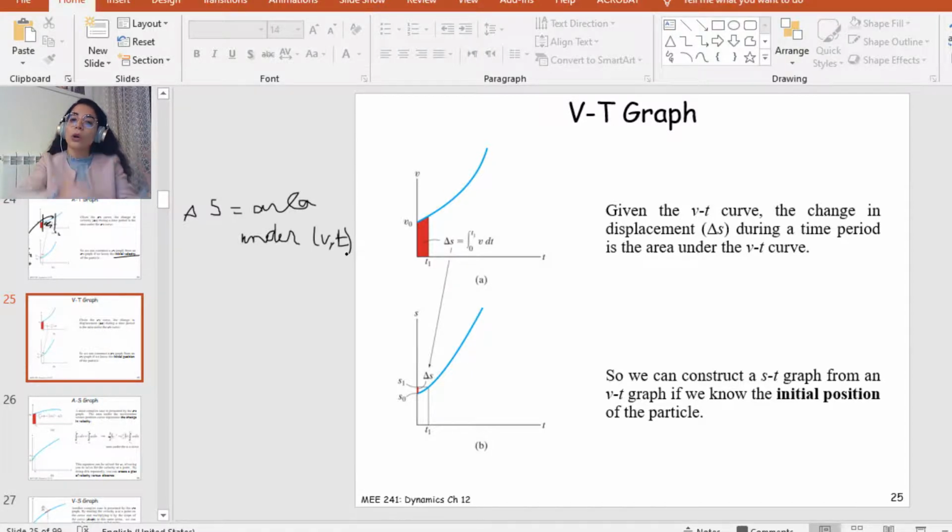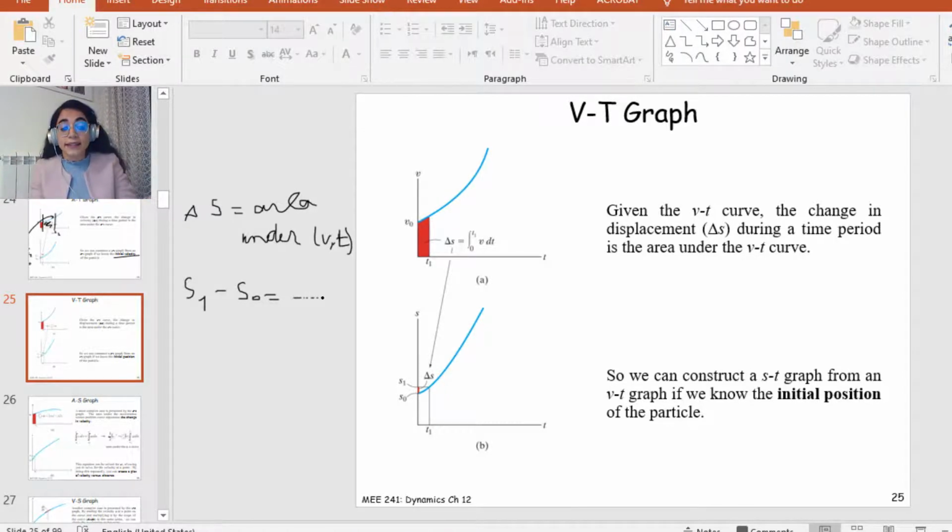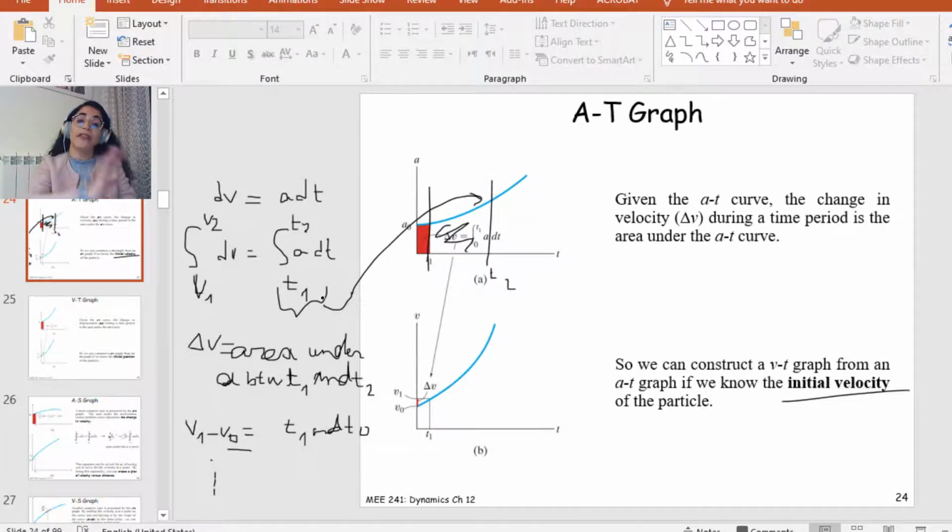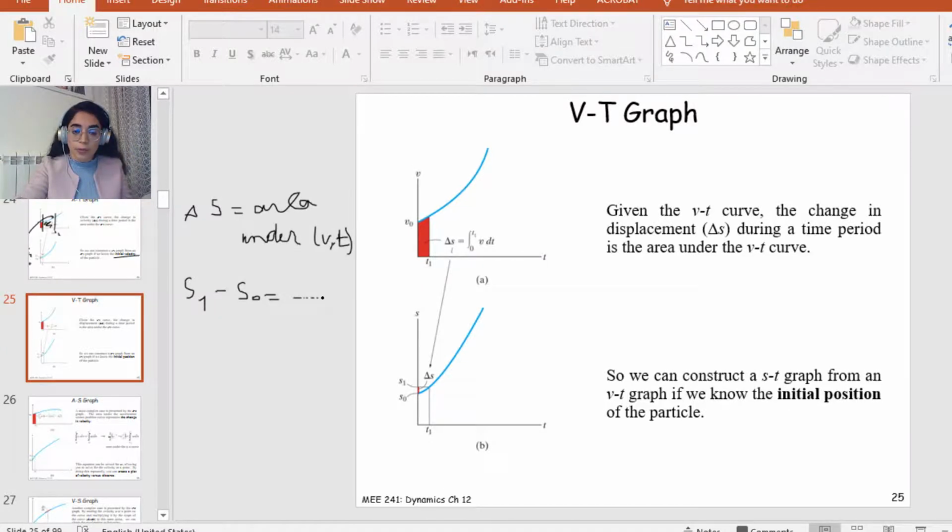So if I know also S0, I can find S1, because in fact S1 minus S0 is the area under VT between T1 and T0, and then I can find S2, and then I can find all other points, right? So if I know, guys, the graph of acceleration versus time, using the area under the graph, I can find all the points of velocity, all the points of position versus time.